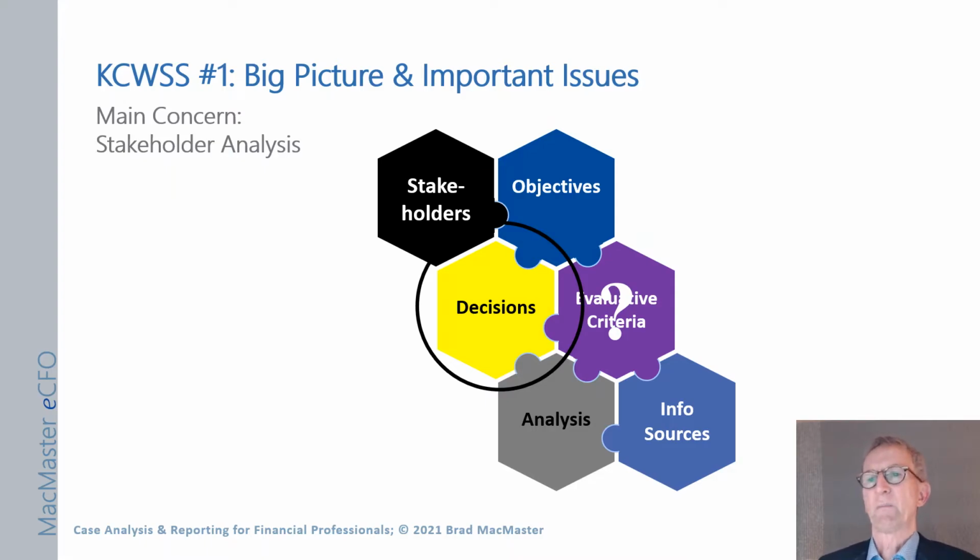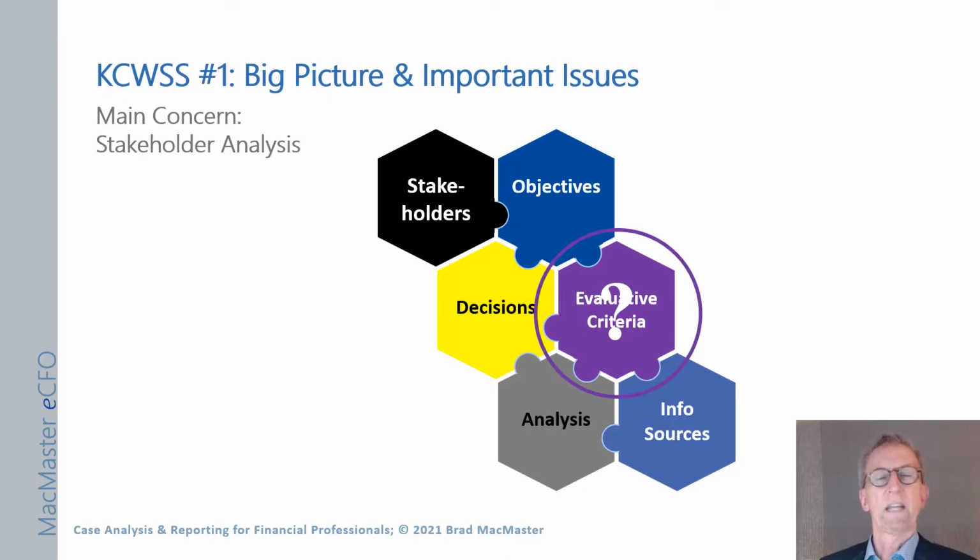They have to make some kind of decision, such as closing a deal on the purchase and sale of a business or securing financing. So to make that decision, it's important to understand what criteria the key stakeholders use in their decision-making process. How do they make such decisions? What do they base them on?